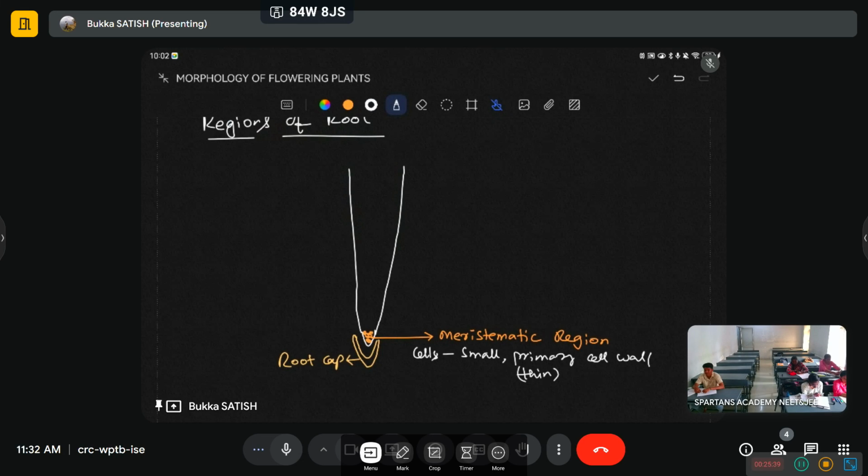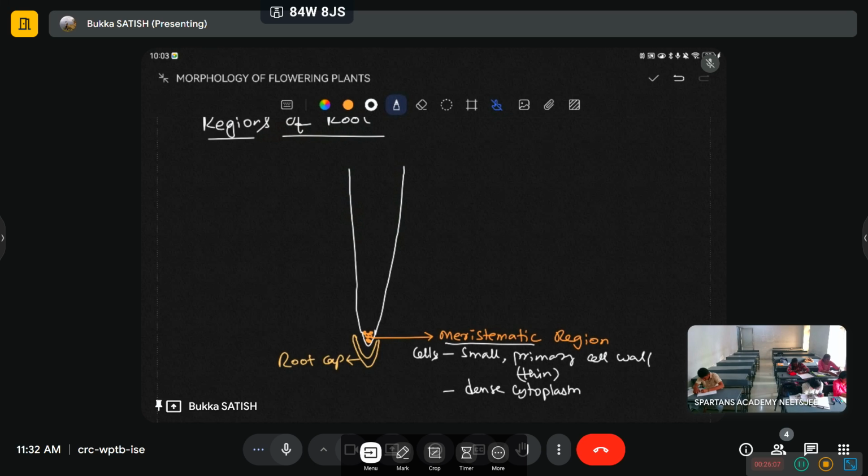There will be thin cell walls, and in any actively dividing cells, the cytoplasm will be dense. So basically, this is the description of meristematic cells. Therefore, the cells present here will be small with a thin cell wall and dense cytoplasm. They are actively, rapidly dividing.